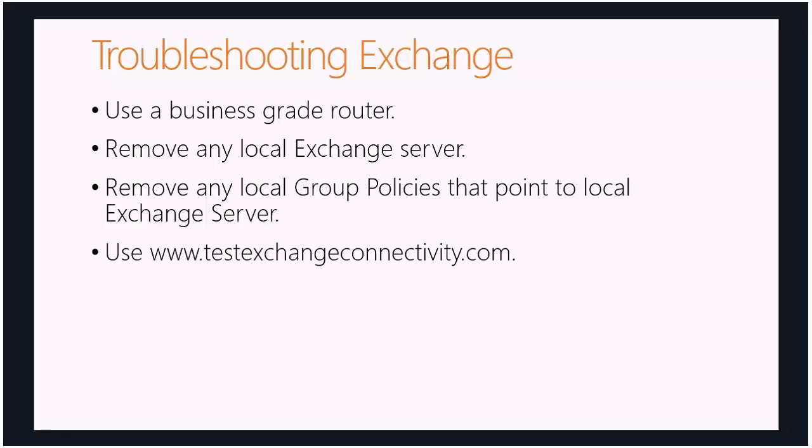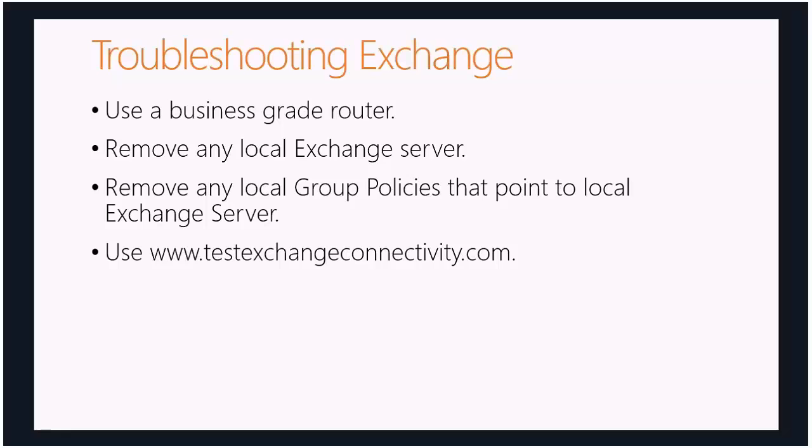One of the great tools for doing all this sort of stuff, checking your Exchange configuration, is testexchangeconnectivity.com. That will not only test things like Exchange, it will now test Skype for Business, certainly a whole range, a whole raft of options there.